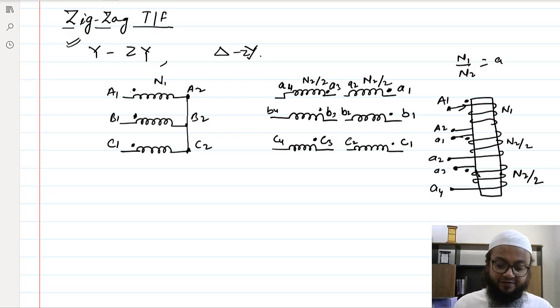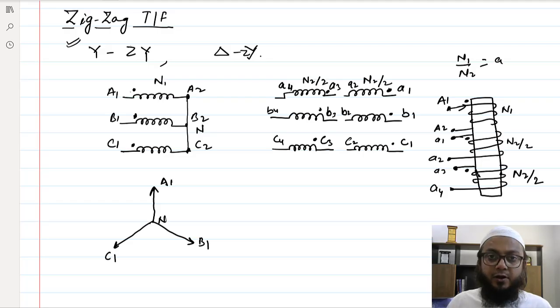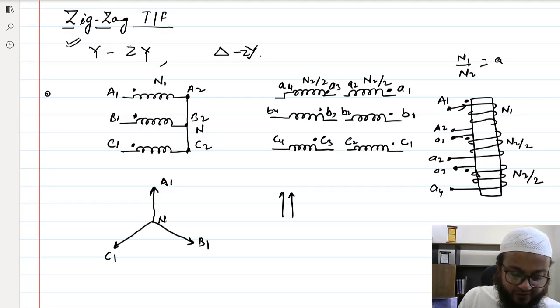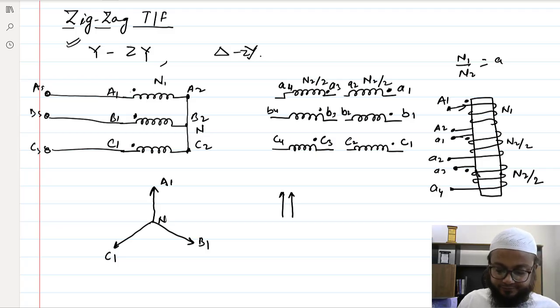Now if you see the phasors for each phase, let's say the phase voltages here are at this angle, and these are all connected at neutral, so A1 here, B1 here, and C1 here, and this is the neutral point for all these three. Similarly for the other one, these would be the phasors. If I have already connected the source here, obviously only then will these voltage phasors appear. And these are A, B, and C, AS, BS, and CS.